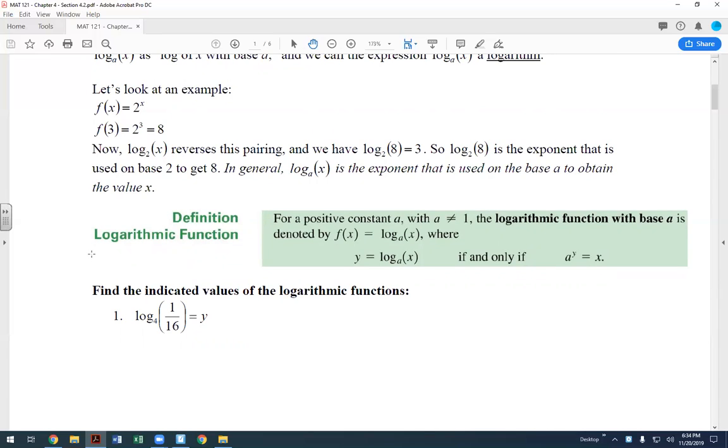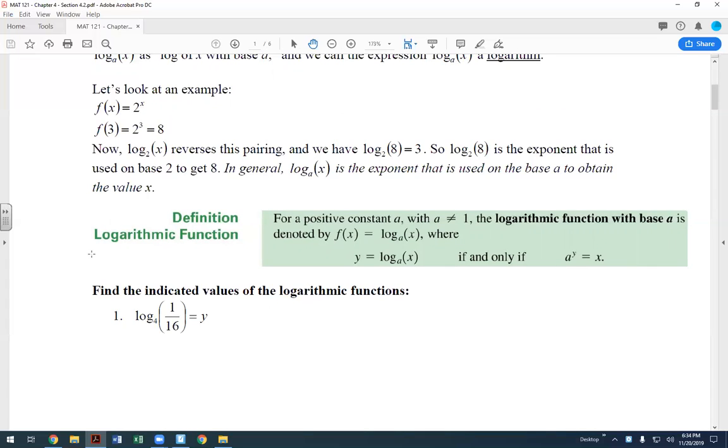And this x that the log is being calculated on is going to be the answer for our exponential notation. So base a here, the exponent y will go as an exponent here, and then that will be equal to x. So this is something you will definitely need to get comfortable with, going back and forth between the logarithmic and exponential notation.